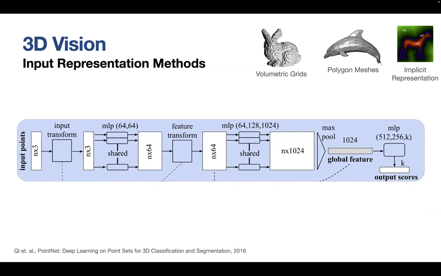So for each point, we have a 1000-dimensional vector, and then we apply a max pool on it to get the global feature. This global 1 by 1024 feature is passed to some MLPs, and then we get the output scores of all the classes. This is one of the most important baselines that most of the models use, and it utilizes only point clouds.